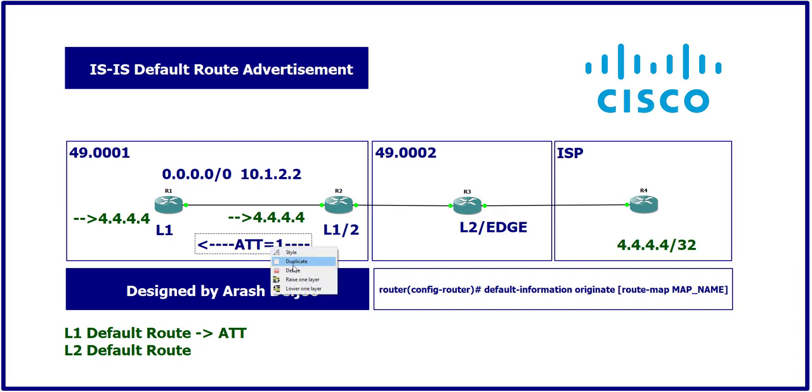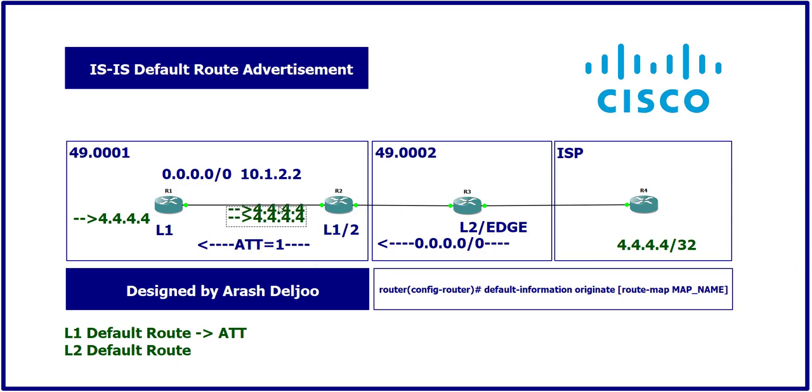You know that R3, as an edge router, needs to send a default route inside of the company, inside of the L2. And this default route is a real default route. After that, when R2 or some other L1/L2 routers receive this default route in their L2 database, they can use it to forward traffic toward the edge router.